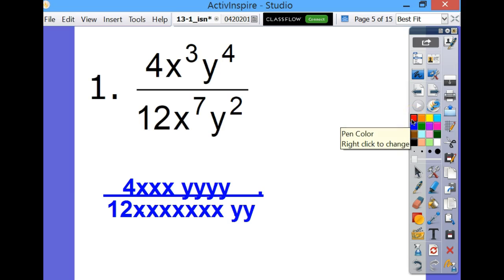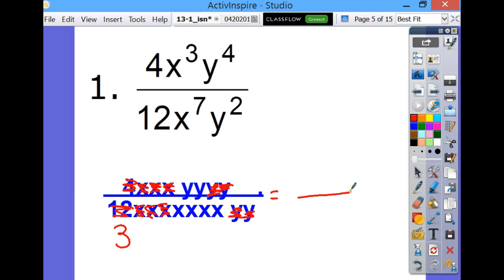And then once you have it expanded out, this x cancels this x, these cancel, this y cancels that y, this y cancels that y. And one more thing, what about the whole numbers? Does 4 divide into 12? 4 divides into 12 3 times. Everything's been canceled that can cancel.